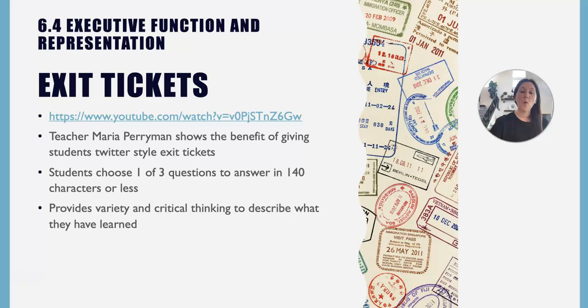The students choose one of 3 questions to answer in 140 characters or less, which provides variety and critical thinking to describe what the students have learned. I really liked this concept, and I'm excited to try it in my class with my students.